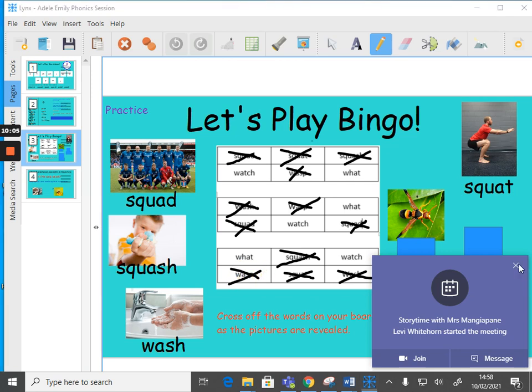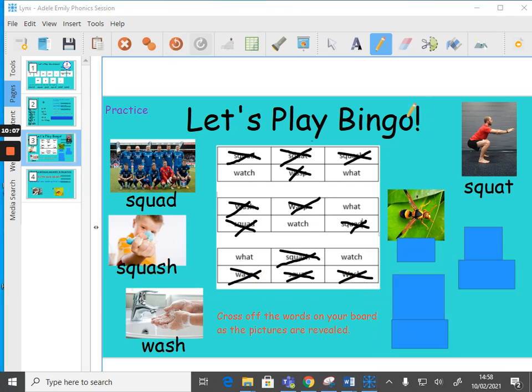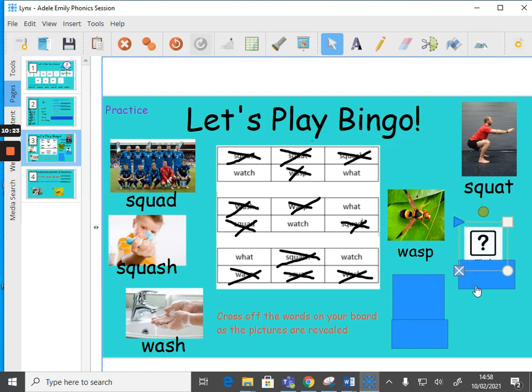We had the word wasp on all 3 of our bingo boards, so you all should have been crossing something off there. And now let's spell it. We've got a W, and we know after a W, it's followed by a short O sound. W-O-S-P, wasp. Super duper.